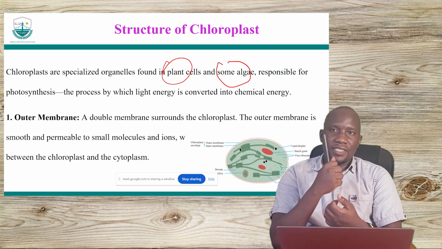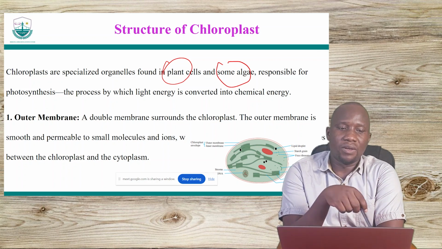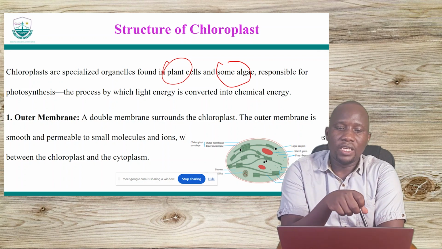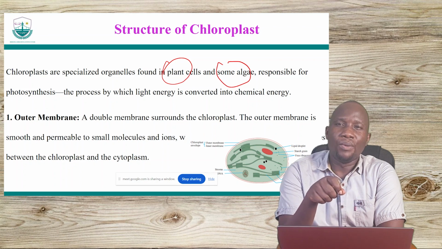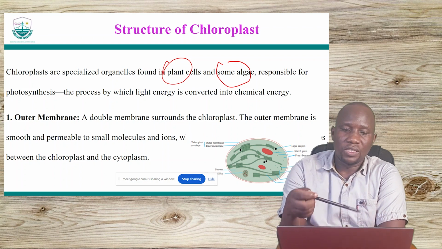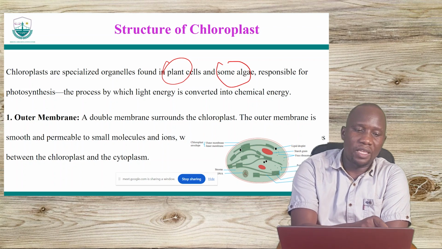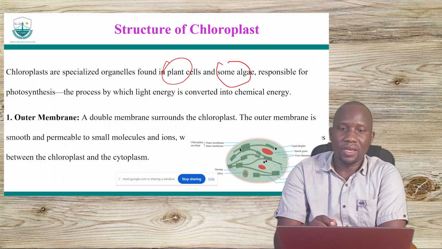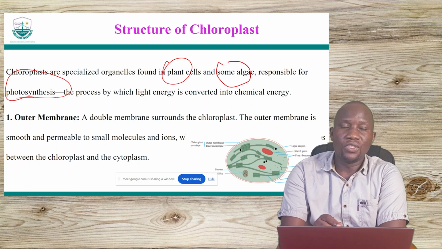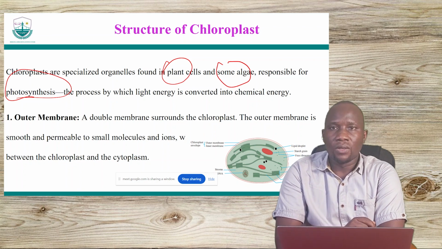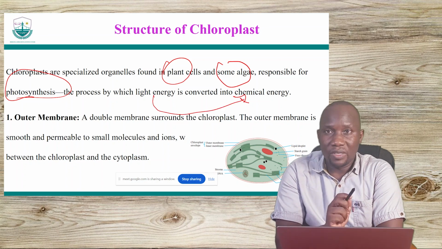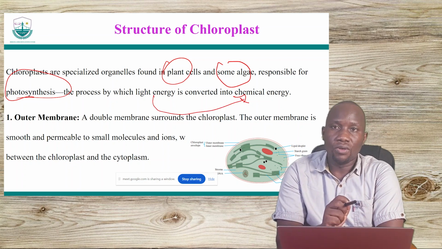The light is captured by the chlorophyll that is contained in the chloroplast. Without the chloroplast, you cannot have photosynthesis happening. That means the plants cannot make their own food using light energy to form chemical energy. So it's also like the mitochondrion.